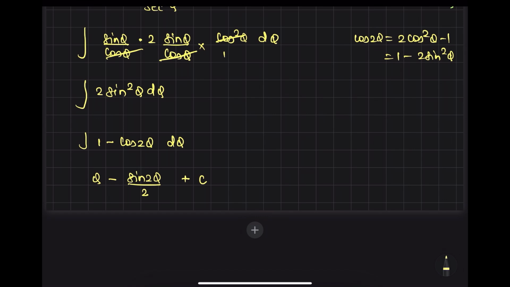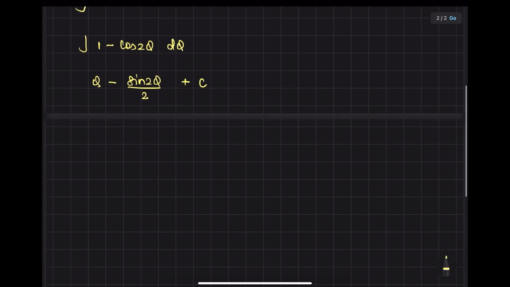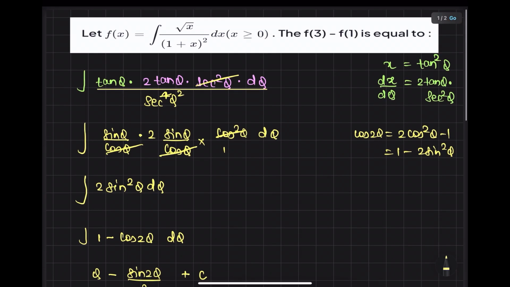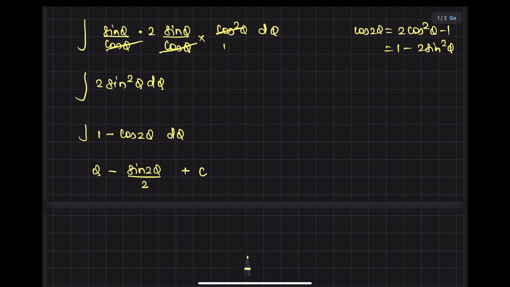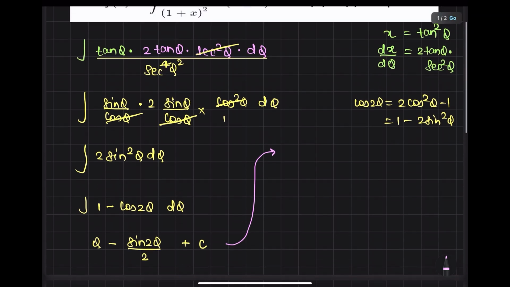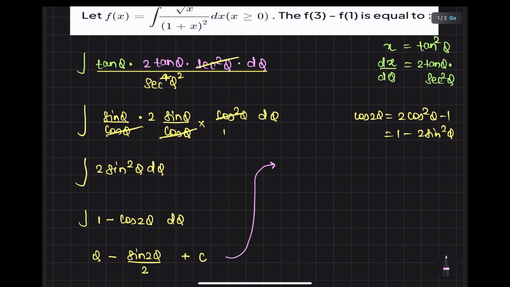Now, do you remember that your question was in terms of x, not in terms of theta? So you have to remove this theta. How will we manage? First we find the value of theta from here, so it is tan inverse root x.